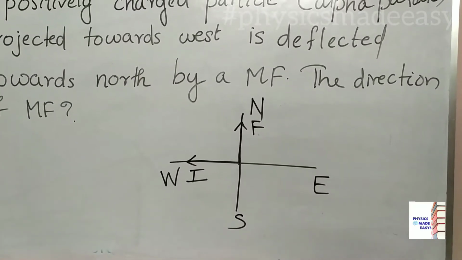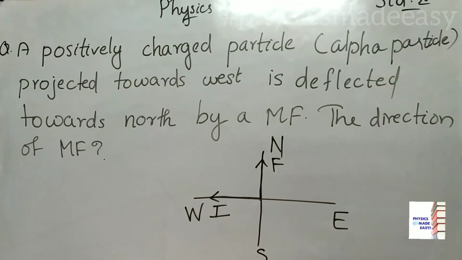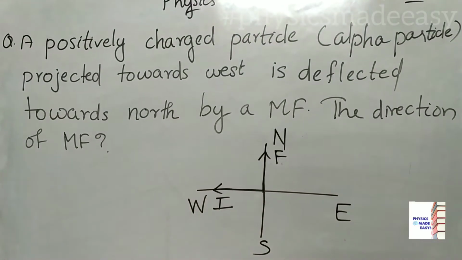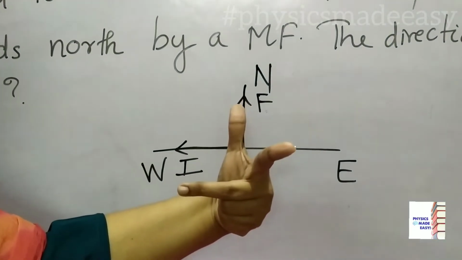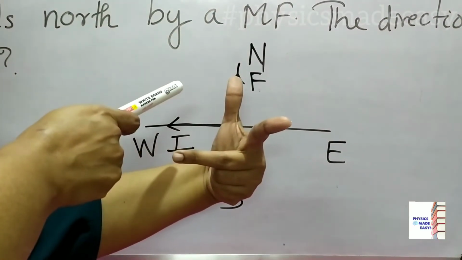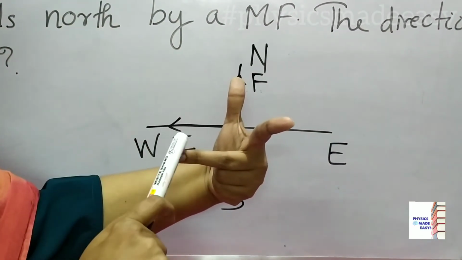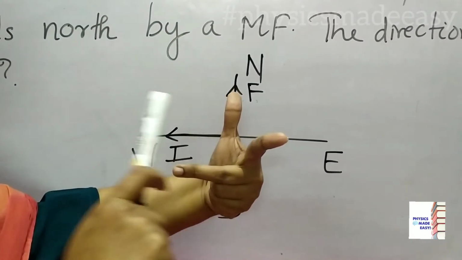Which rule can we use here? Fleming's left hand rule we can use here to find the direction of magnetic field. Listen children, according to Fleming's left hand rule, the thumb gives the direction of motion of conductor, the middle finger gives you the direction of current, and the index finger gives you the direction of magnetic field.